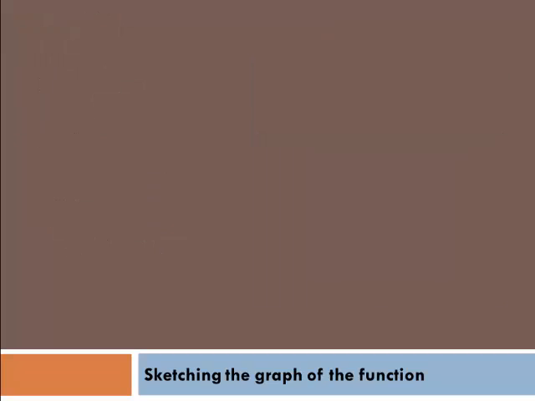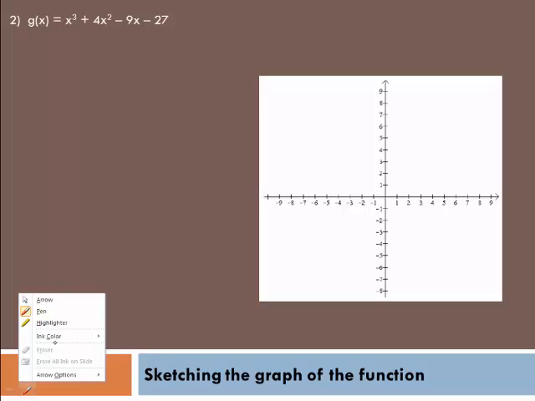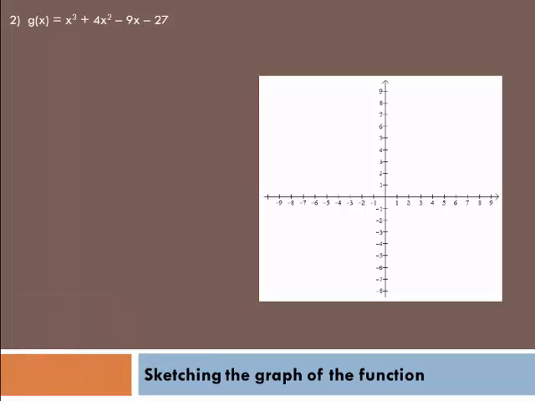Now, if you recall, in my next example, I had mistakenly typed a 4 when it should have been a 3. So we will fix that. And if you recall again, when we factored it, we had x plus 3, x minus 3. So that gave us that x was equal to 3 and x was equal to negative 3.